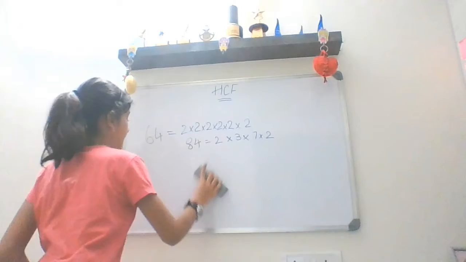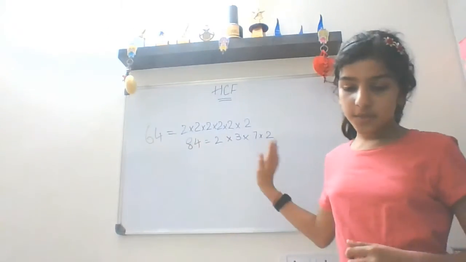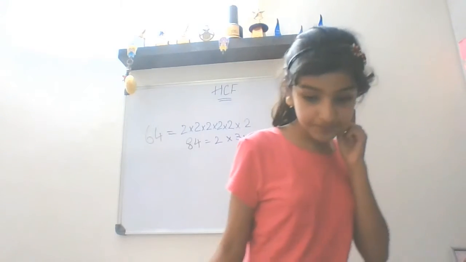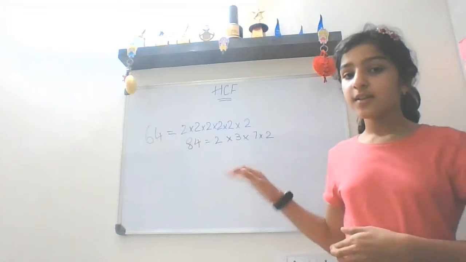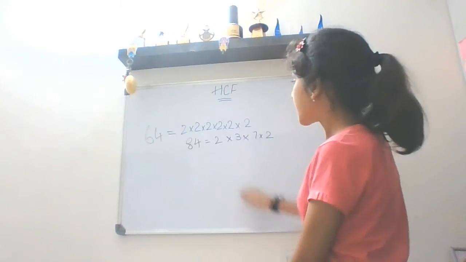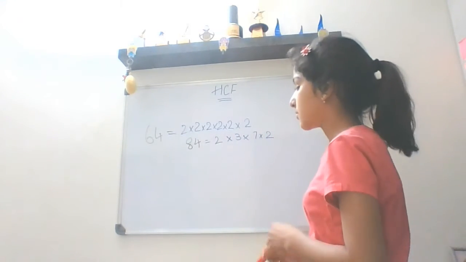Now the next step is to find any common numbers between these factors. So the second step is to find the common numbers in these two factors. So first there is a 2 here, and there is a 2 here too.